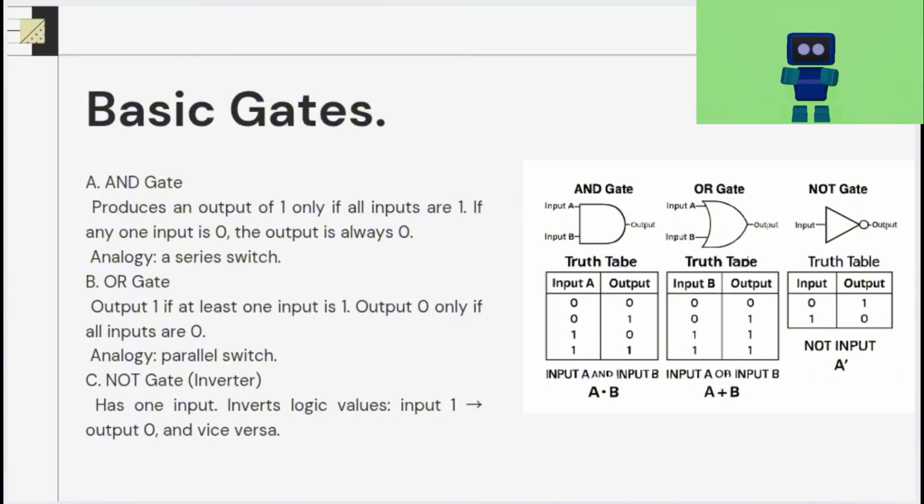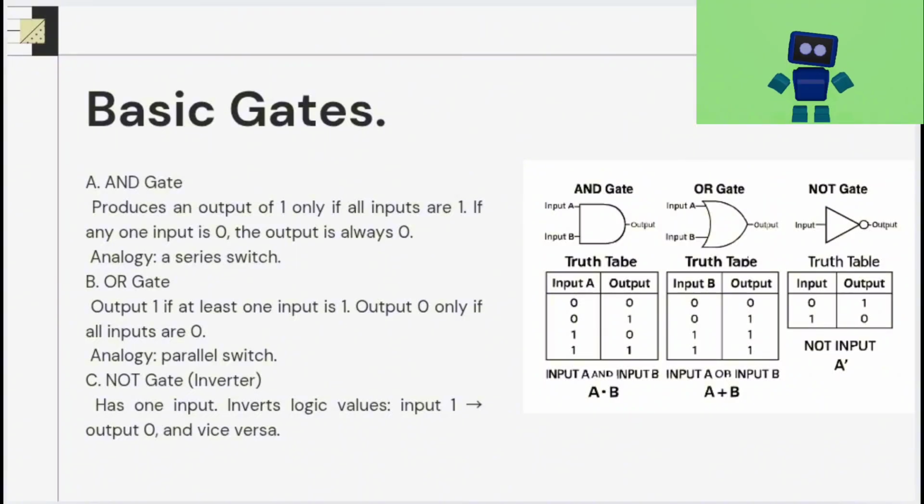B. OR gate. The OR gate is one of the basic logic gates in digital electronics that functions to perform the logical OR operation. This gate will produce an output of 1, true, if any or all of the inputs are 1. Conversely, the output will be 0, false, only if all inputs are 0.